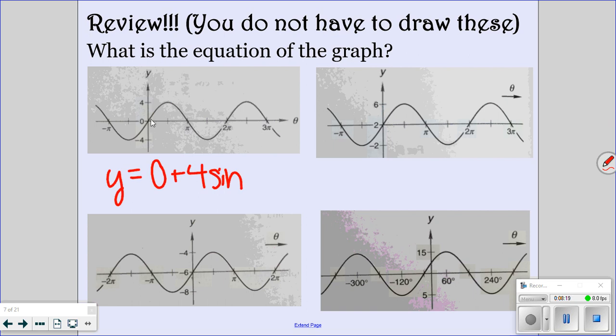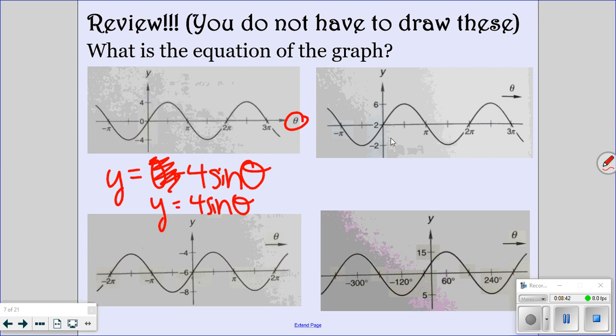And our period is 2 pi here, so we just have theta. Some of y'all last year probably would just write y equals 4 sine of theta, not put the 0 plus. This part isn't really necessary.